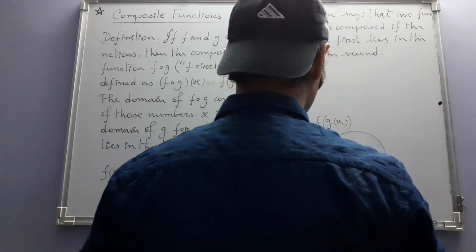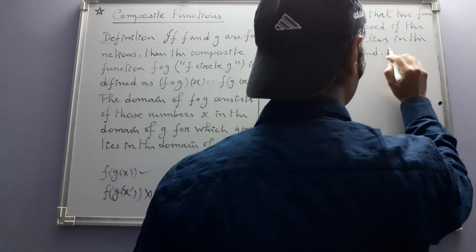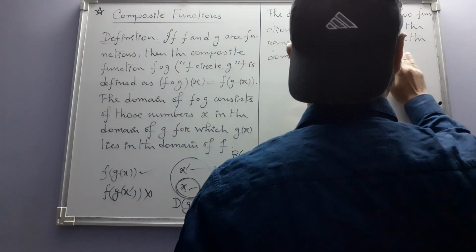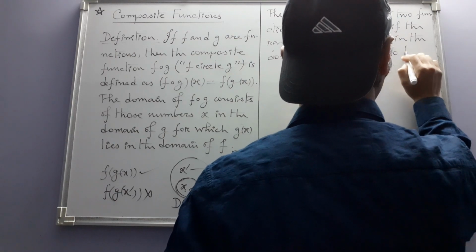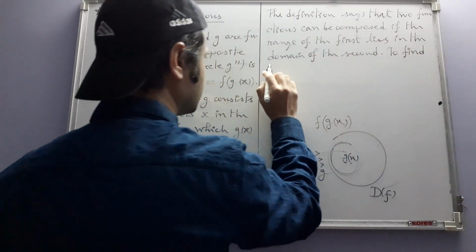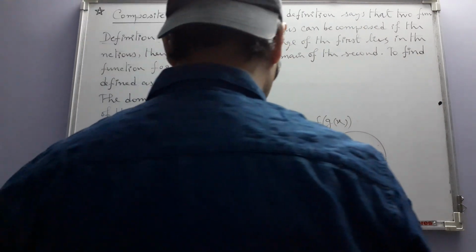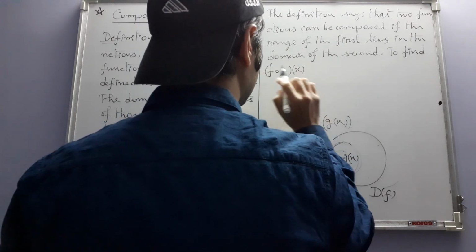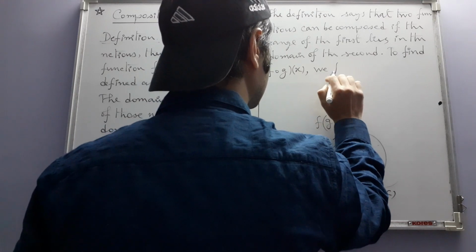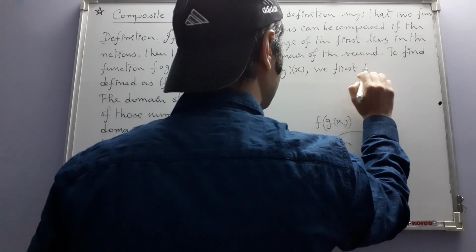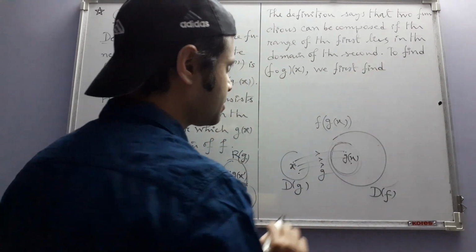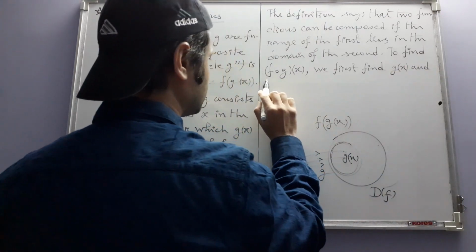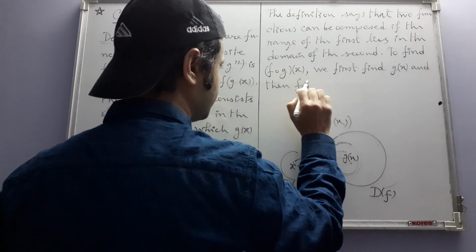And in the scheme of this entire thing, to find F circle G of x, we first find G of x and then F of G of x.